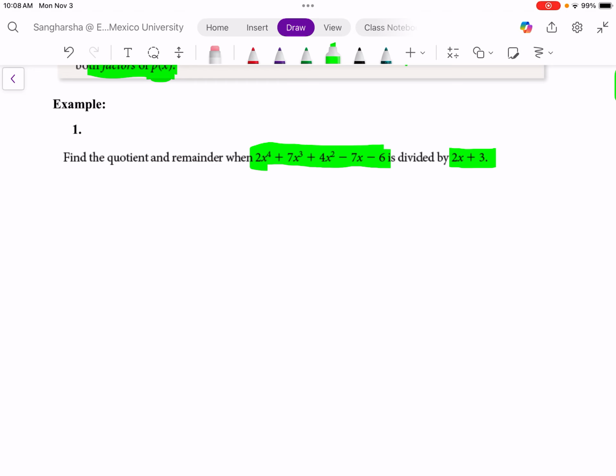Let's call this polynomial p of x, and we are dividing this polynomial p of x by 2x plus 3. So how do we represent 2x plus 3? This is our divisor d of x. Our target is finding the quotient, so we represent q of x for the quotient, and finding the remainder, which is r of x.